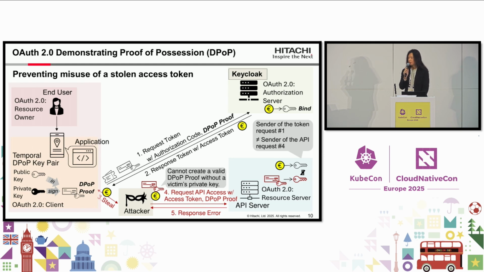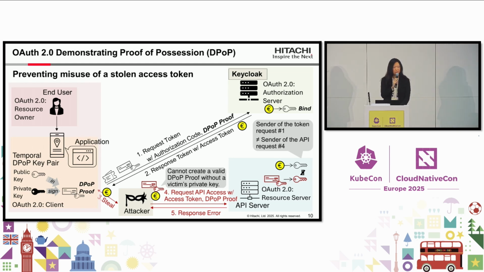Therefore, if an attacker can steal an access token from the client application, then this attacker can use it to access APIs illegally.